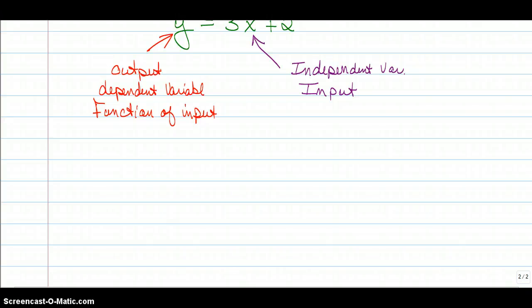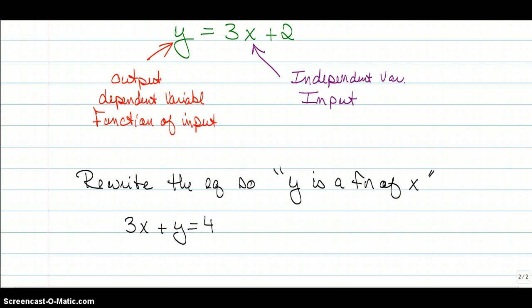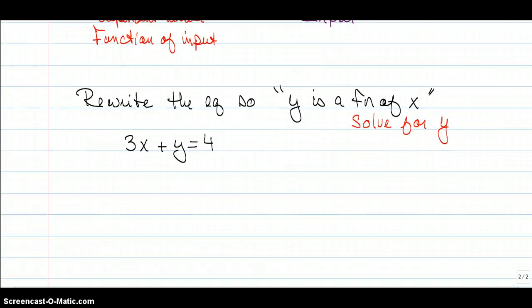So now they're going to ask us to do something else. They want us to rewrite the equation so that y is a function of x. This is the fancy math way of saying, hey, I really want you to solve for y. Isolate y, get y all by itself.